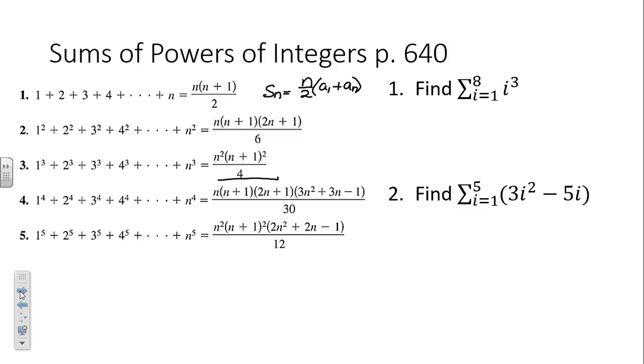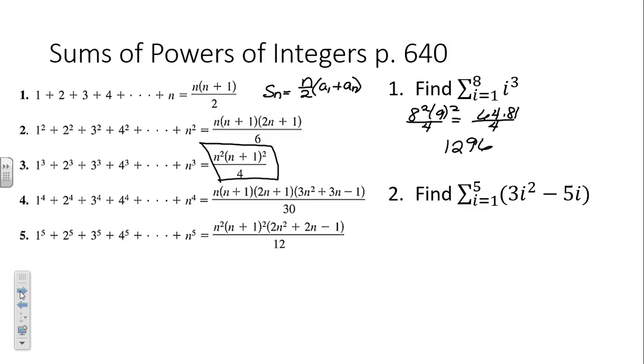So if we're using this formula, we're going to plug 8 in everywhere we see n. Everyone get 1,296? Awesome.